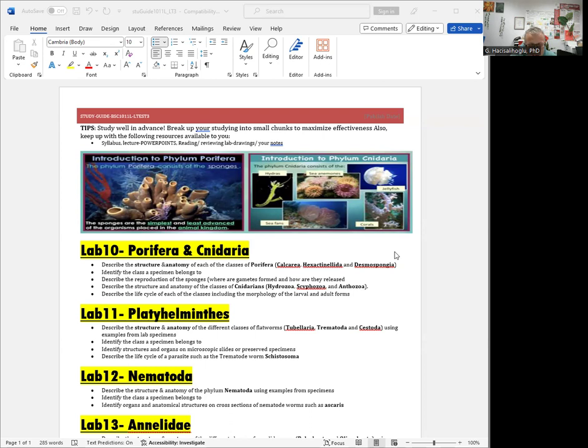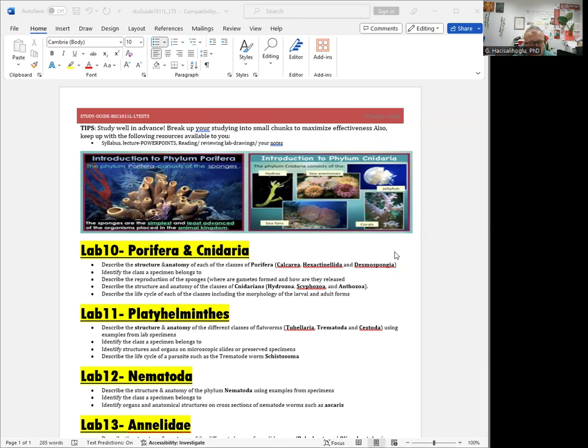There is a class called Hexactinellida, and Euplectella is the species, which looks like a glass sponge. Class number 3 is the Demospongiae. They are what we know as a lot of regular sponges, like commercial sponge, boring sponge, sheep wool sponge.